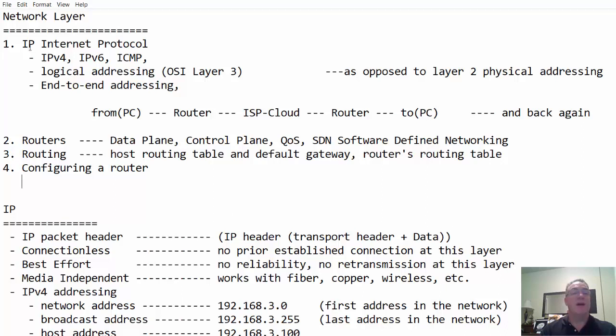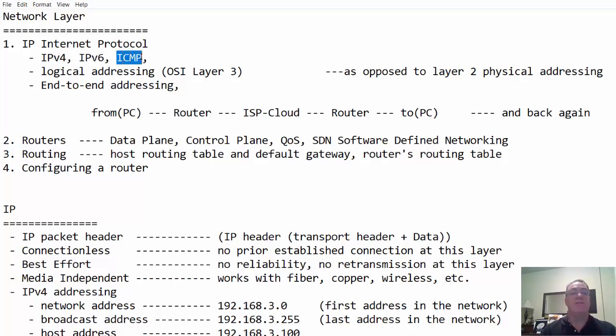So what do we want to say about IP, Internet Protocol? Well, a lot. But first off, in terms of IP, we're talking about IPv4 addressing, IPv6 addressing. You're probably most familiar with IPv4, but for the Cisco CCNA and for just the way things are changing, you need to become more familiar with IPv6 addressing and how it functions.